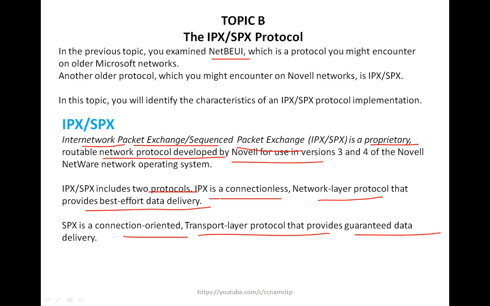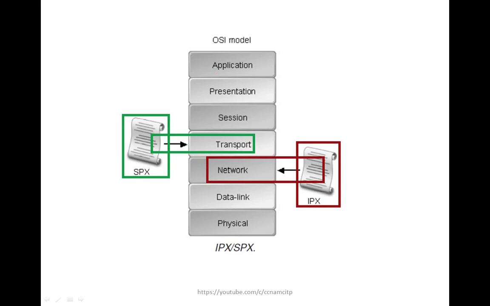So in IPX there is no guarantee, but in SPX there is a guarantee of data delivery. In the OSI reference model, it operates at the transport layer and network layer. IPX is at the network layer, and SPX is at the transport layer.